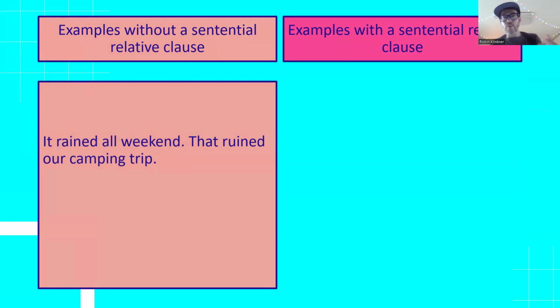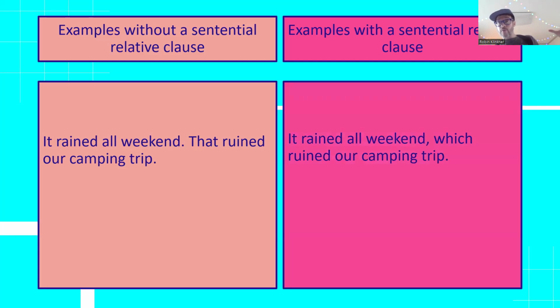In beginner writing, or I should say beginner readers, like books for beginner readers, there are so many sentences starting with that, it, this, because we have a lot of small sentences. But using sentential clauses, we can have longer, more complex sentences.